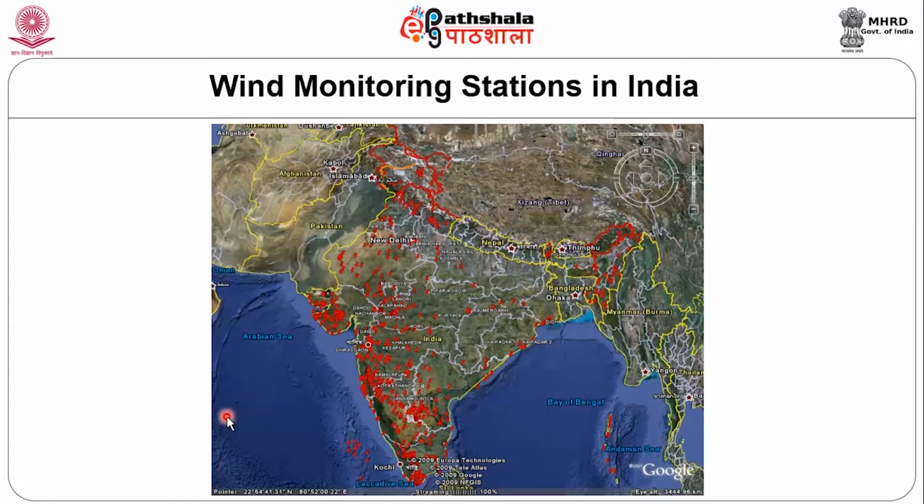And these are the wind monitoring stations in India. Here we could see hundreds and hundreds of stations from Kashmir to Tamil Nadu, and all over the country we have wind monitoring stations. Through the monitoring stations we could measure the wind velocity, the humidity, the temperature, everything, all meteorological data, and it will be stored in the center office, that is National Institute of Wind Energy in Chennai.